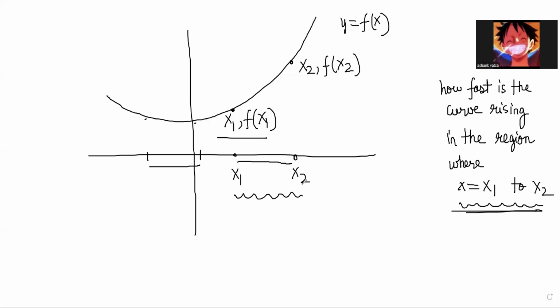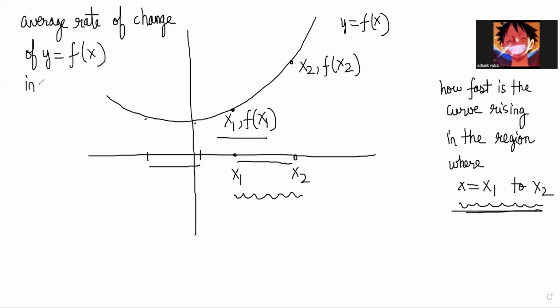Yes, sir. Okay, so if I want to find out how fast the curve is rising in this particular region, what we can find out is the average rate of change of y is equal to f of x in this region, right?